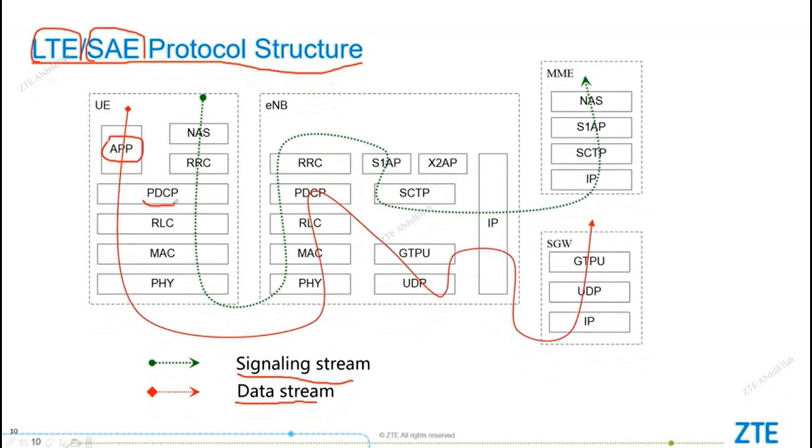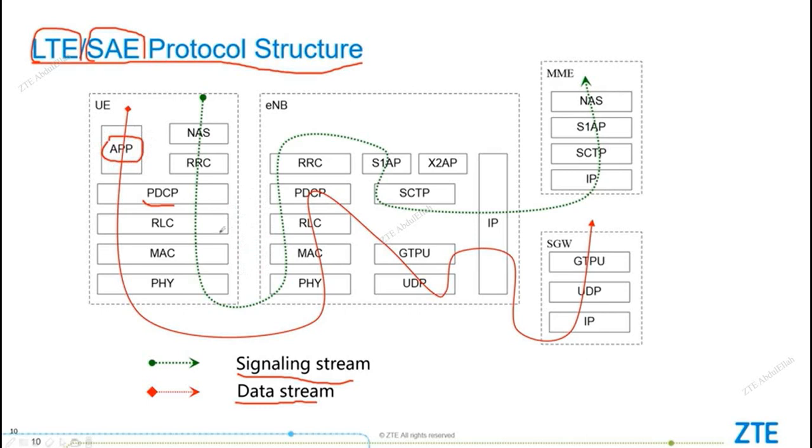The PDCP here has two functions. The first function is IP header compression. The second function is encryption. IP header compression means that we want to transmit our IP packets over the wireless interface, and we know the radio interface resource is less than the fixed network.